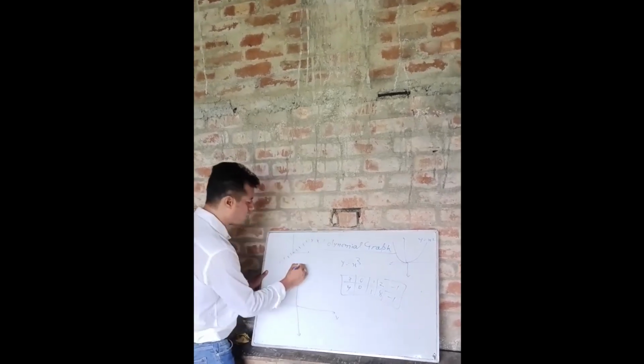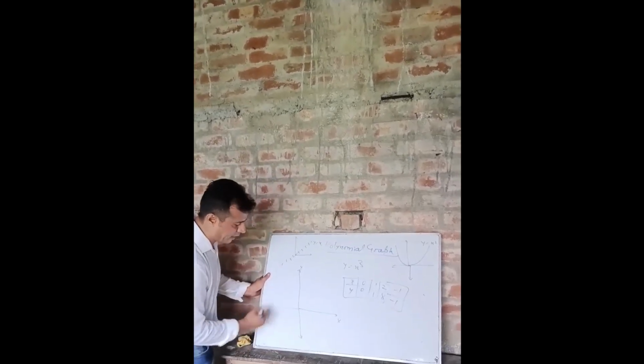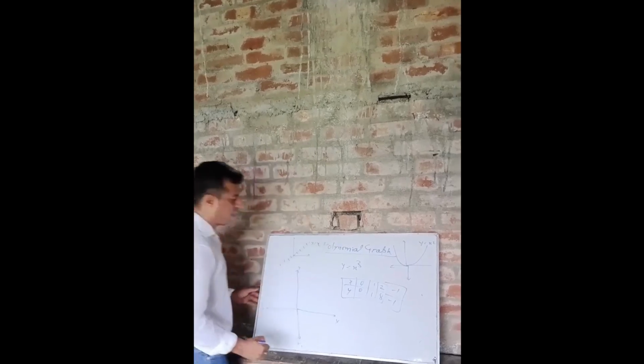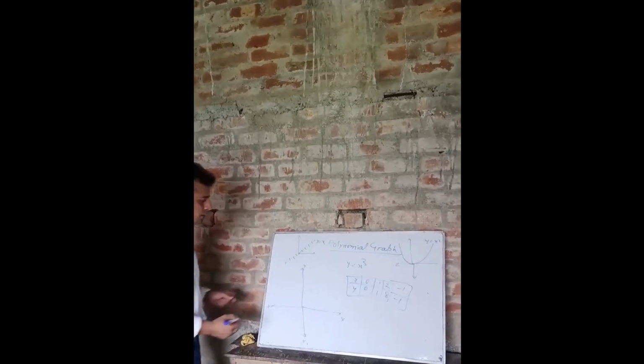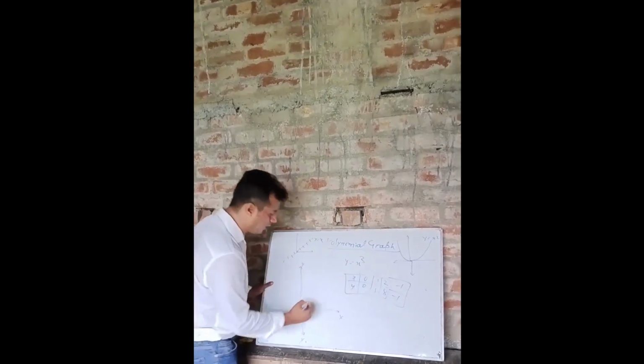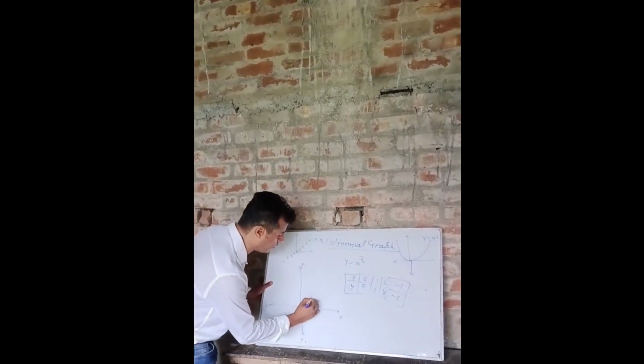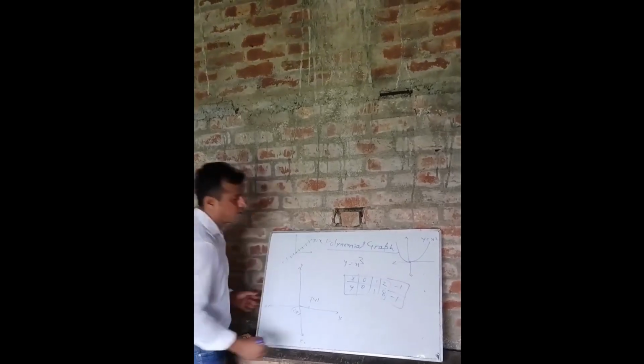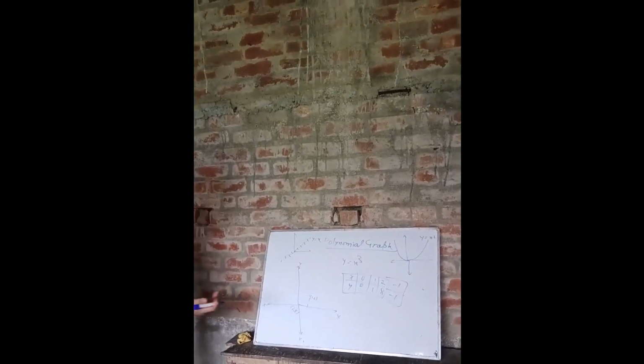This is the x coordinate, this is the y coordinate, this is x dash, negative x, and this is y dash, negative y. The first point we get is 0, 0. Again, 1 and 1 is common for most of the graphs.